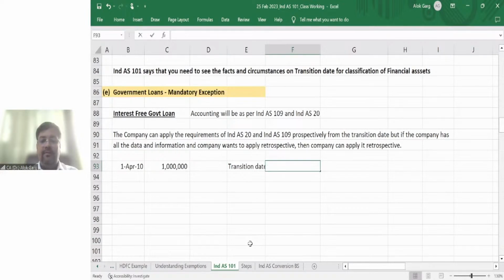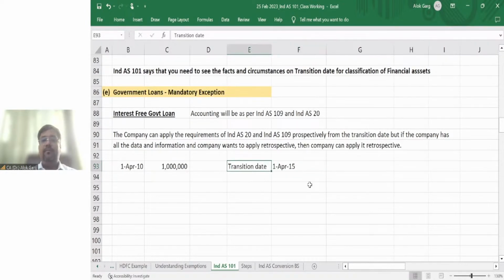This is the date on which the loan has been received, and it is an interest-free loan. The tenure is 10 years, right?